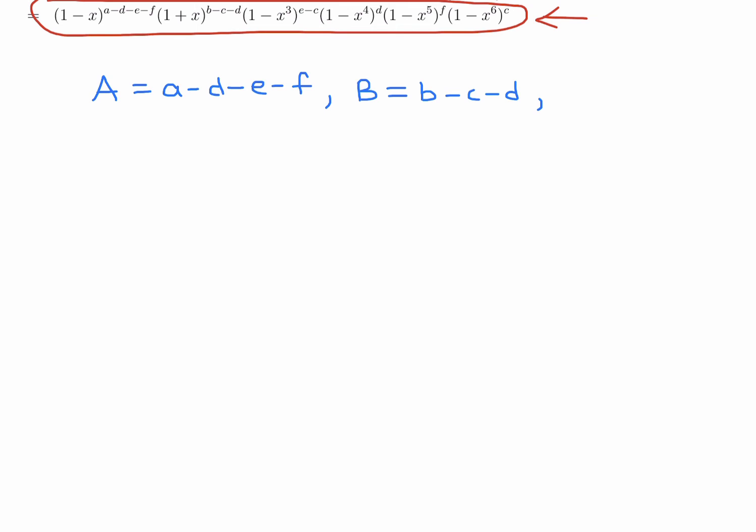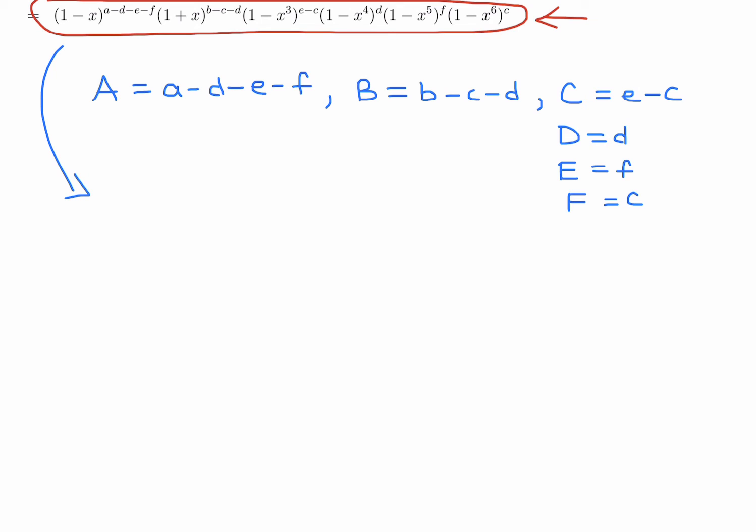And in a very similar way, that exponent we will call big C, will be e minus little c. And then big D we will call little d. And then just to be consistent, we will call the next one e, and the last one we will call f.